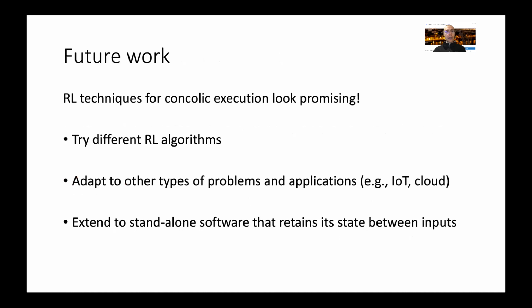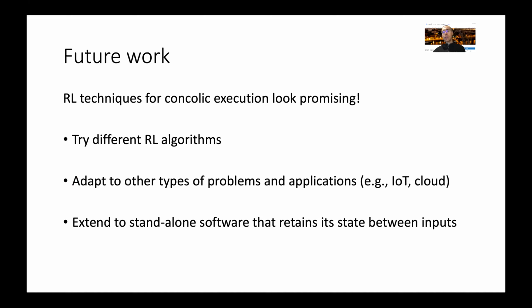As a conclusion and future work, reinforcement learning techniques for concolic execution look promising, and we could investigate them further, trying different algorithms and adapting to other types of problems and applications, for example IoT and cloud, where the problem is more complex, and of course moving to standalone software that should retain its state between inputs.